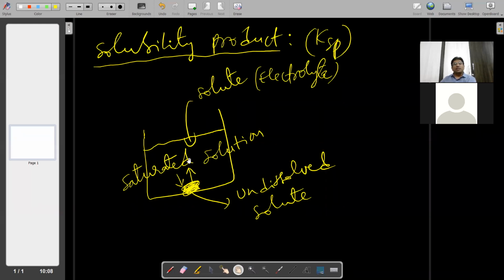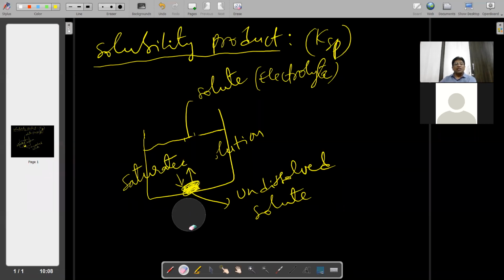That is why the solution formed is called a saturated solution. So at a particular temperature, only a certain quantity of solute can be dissolved in a given volume of solvent. That quantity of solute dissolved must be constant. More than this will not be dissolved. Is the point clear so far?